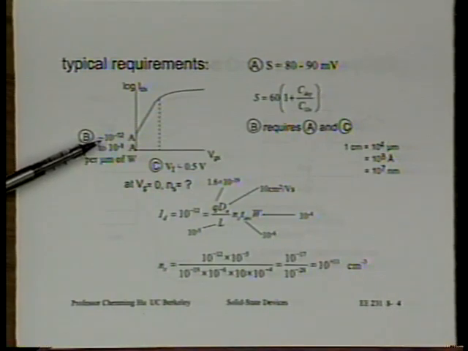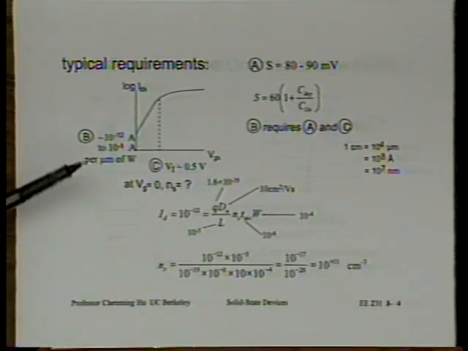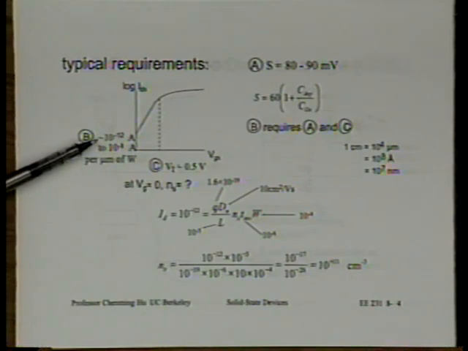For low power application, by low power, I really should mean low standby power application. Every application we want low power, but for very low standby power handheld type application, we are still looking at current as small as picoamp per micron of leakage, maybe 10 picoampere. For a high-speed application, we're willing to tolerate 10 nanoampere per micron of W. Okay, that's typical. Is that okay?